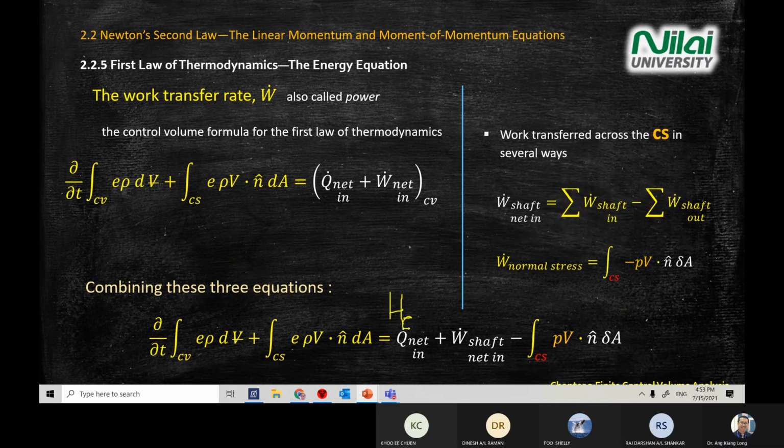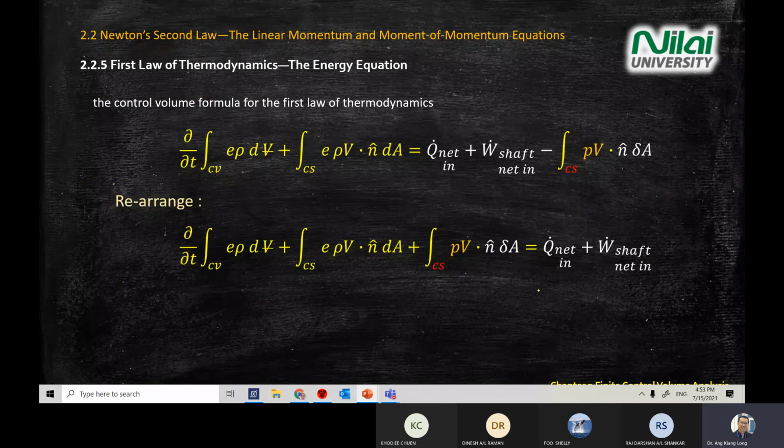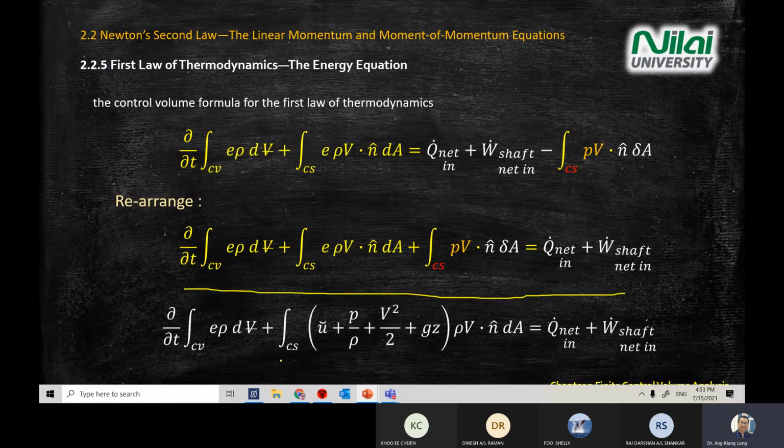For work, you have shaft, and why is there a negative? Because you are using pressure on the control surfaces. Then the rest you read from the screen. You rearrange, you get a new equation, and you compare side by side with the one I wrote in white here. You can write the equation as U, P divided by rho, V squared over 2, plus gZ, and then the rest will be the same.